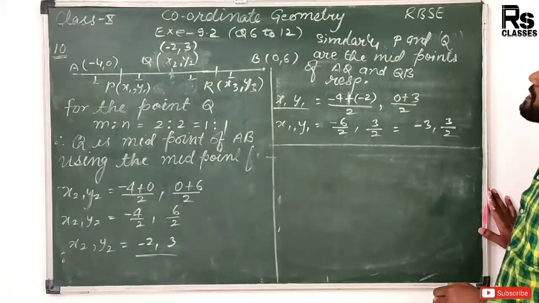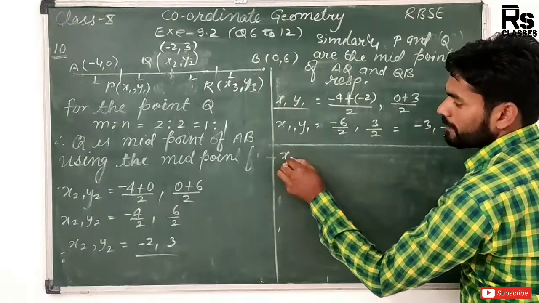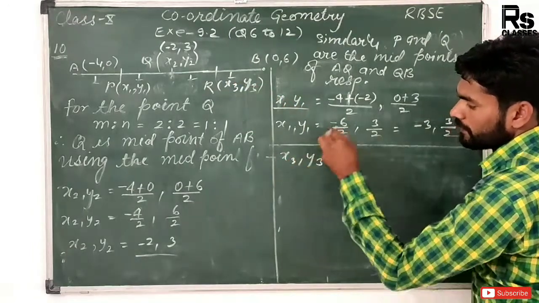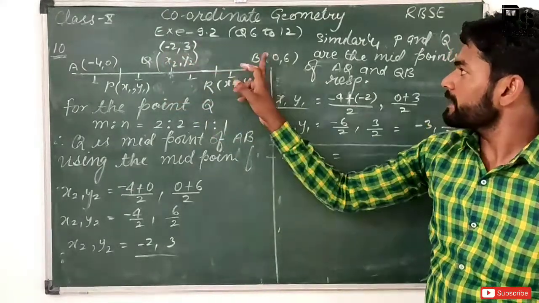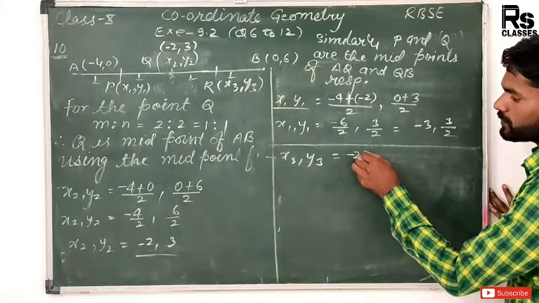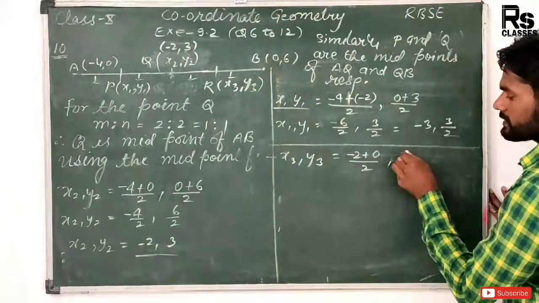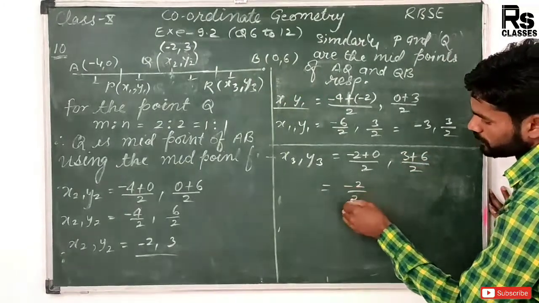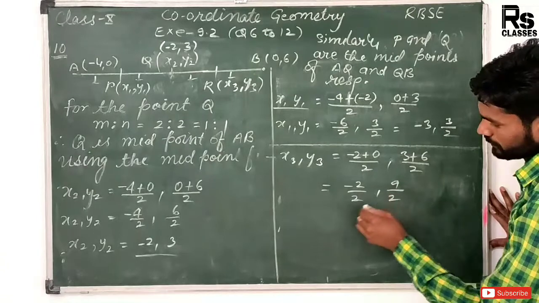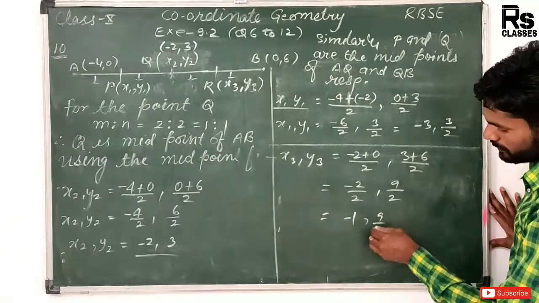Now the coordinates of the point R: x3 comma y3 is equal to (-2 plus 0) upon 2 comma (3 plus 6) upon 2, which is equal to -2 upon 2 comma 9 upon 2, that is -1 comma 9 upon 2.